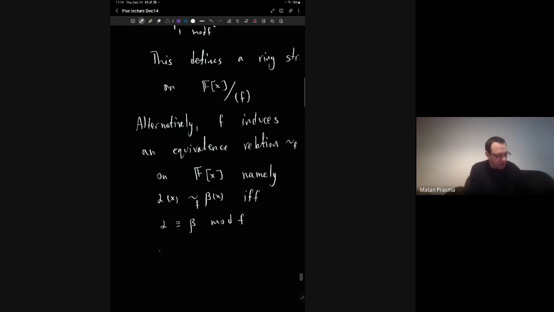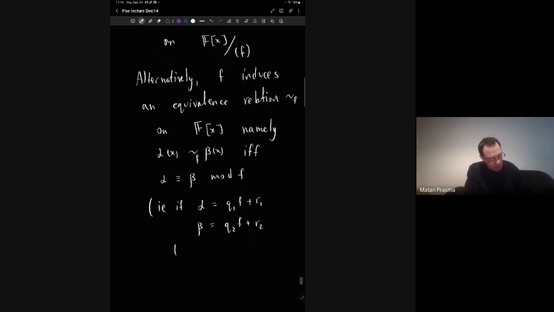That is to say, if I do long division of alpha by f, I get alpha equals q1 f plus r1, and beta is q2 f plus r2. Then alpha is equivalent to beta if and only if r1 is simply equal to r2.